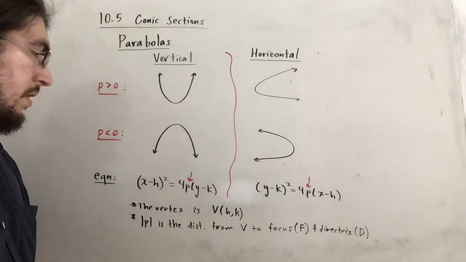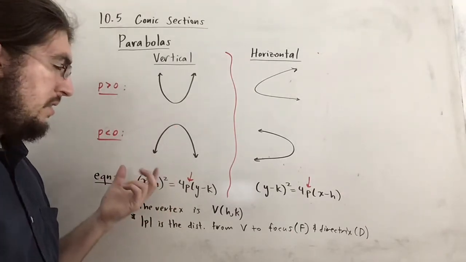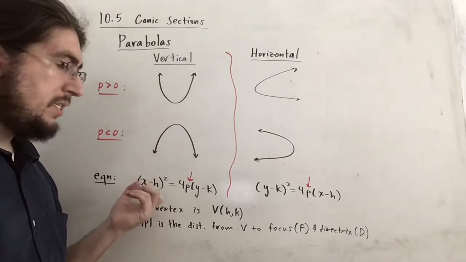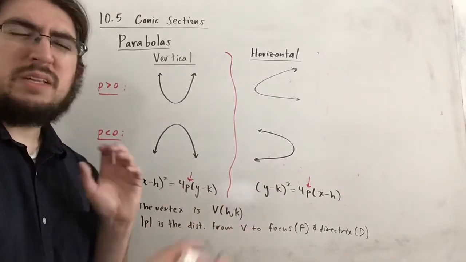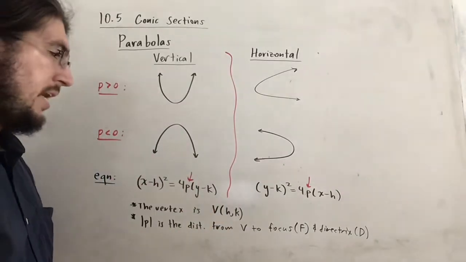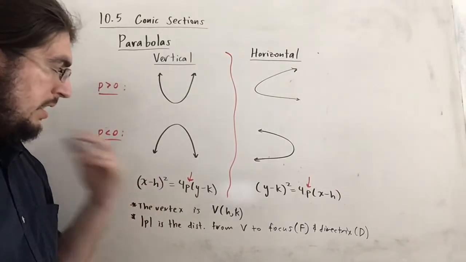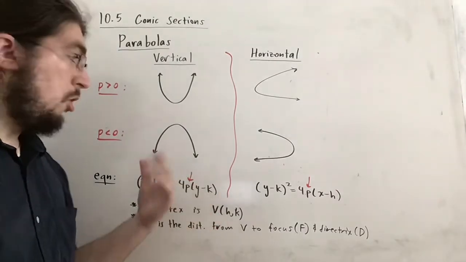All right. And what you'll notice when you compare these is that the x and h always go together, so you'll always have x minus h, and y minus k always go together, so you'll always have y minus k. So you'll never have like y minus h or x minus k or something like that. Also, the one that is not squared, y in this case, is reminding us of the direction that we're opening towards.